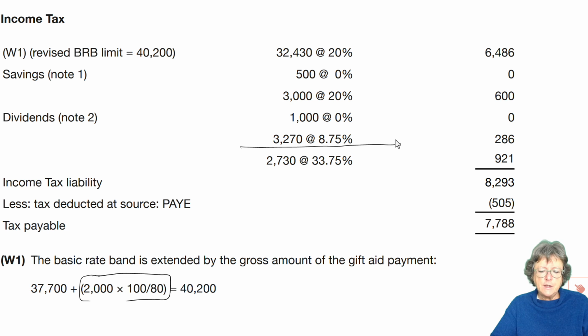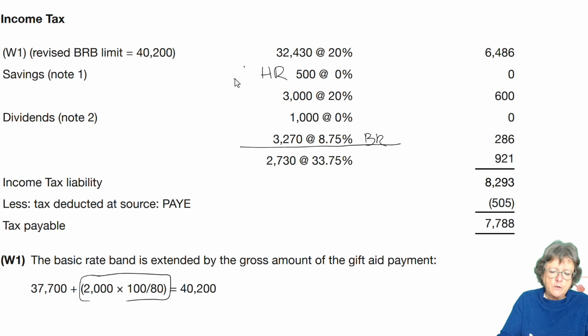Savings income, because she is high rate, she only gets £500 at 0%. The balance of 3.5 is therefore at 20%. First 1,000 of dividends is at 0%, and the balance is split because she's hit here the limit for basic rate. That's because she's basic rate, and then obviously into the high rate.